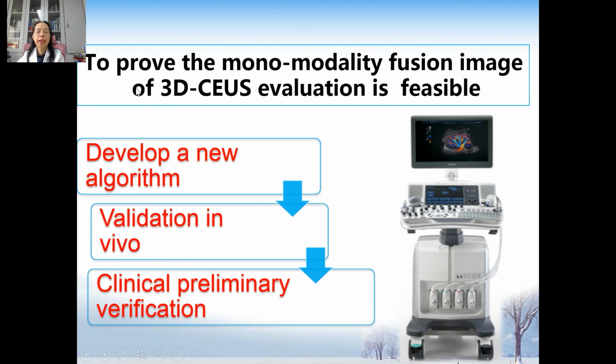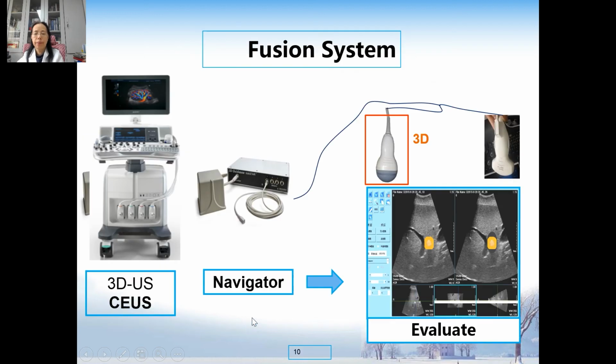In order to get that, we must improve the fusion image, and the 3D-CEUS evaluation must be feasible. We first developed the new algorithm, then validated it in vitro, and then verified it in the clinic. Here is our fusion system.